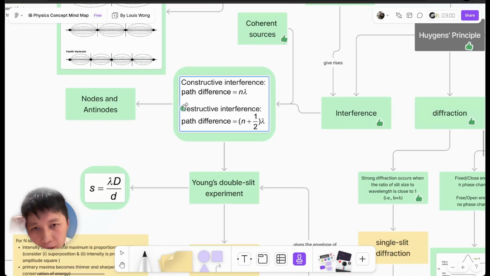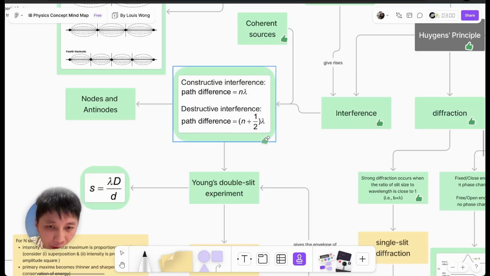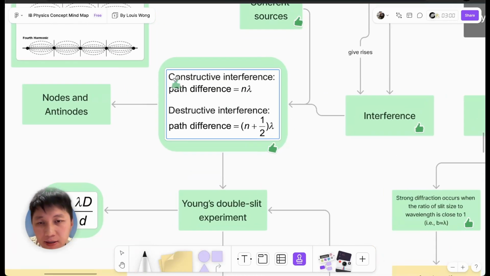Coming back to here, we can then derive a relationship: constructive interference occurs when the path difference is equal to n lambda, n being an integer, so 0, 1, 2, 3, 4 onwards.